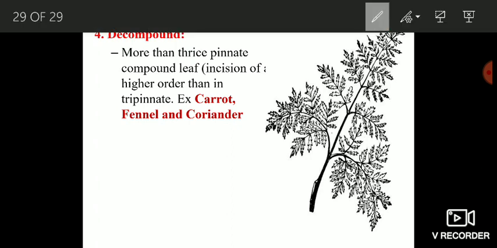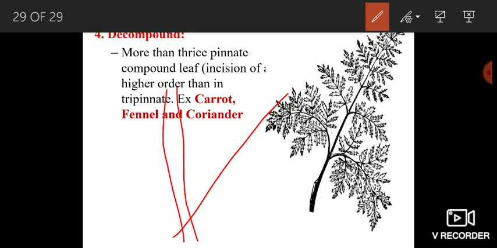I will make you understand it this way. This is the main stem. It gives rise to primary rachis, and primary rachis forms the secondary rachis. And secondary rachis gives rise to tertiary rachis. Tertiary rachis gives rise to one more rachis, and leaflets arise on this rachis.